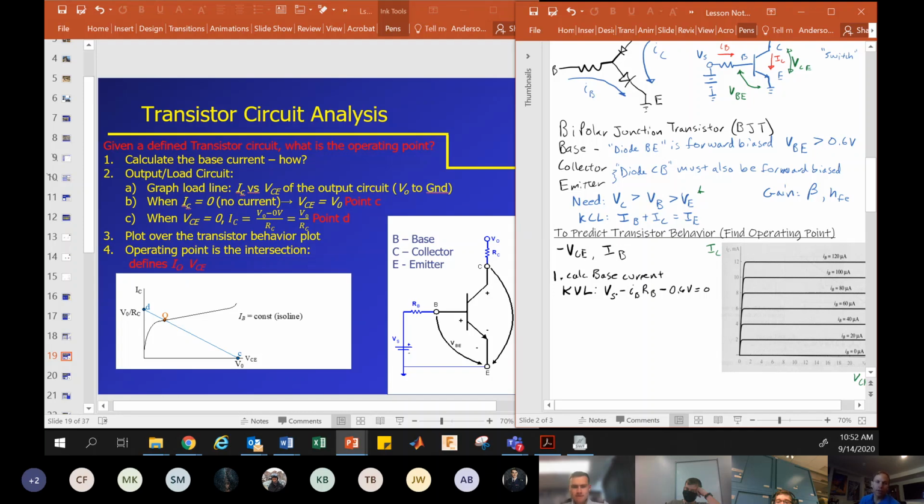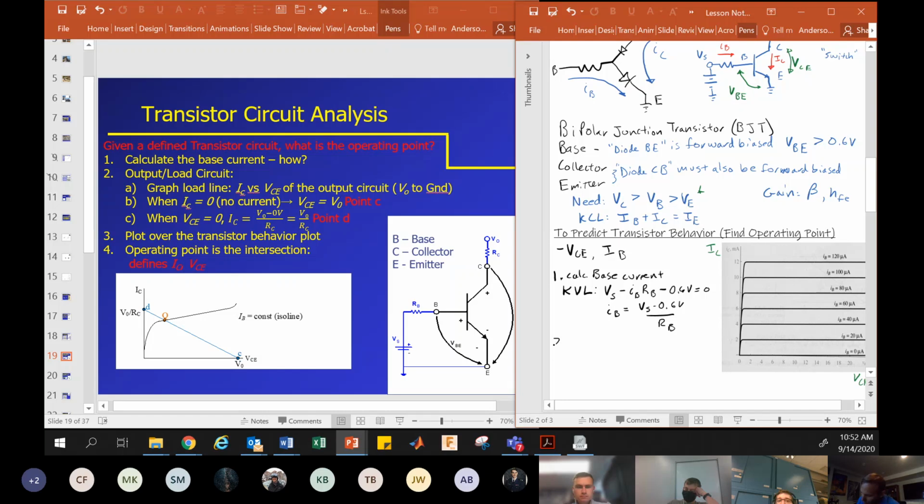Can someone nod? Yes, sir. Yeah, can we solve for that? Okay, IB would then equal VS minus 0.6 volts over RB. And that's the base current. So now we have the base current, which means we know which of these black lines we're on.